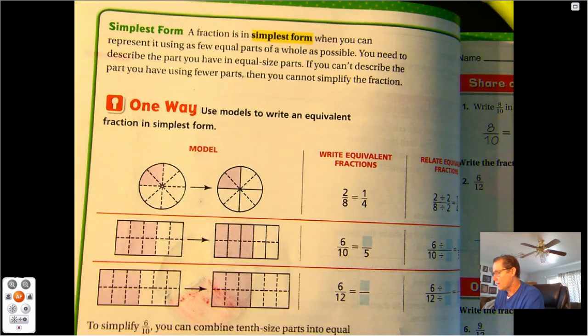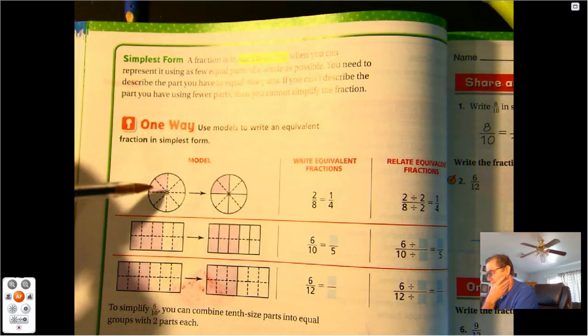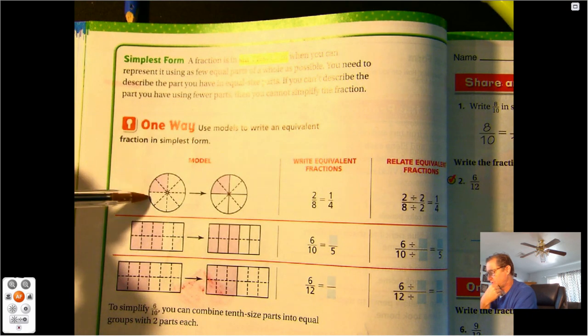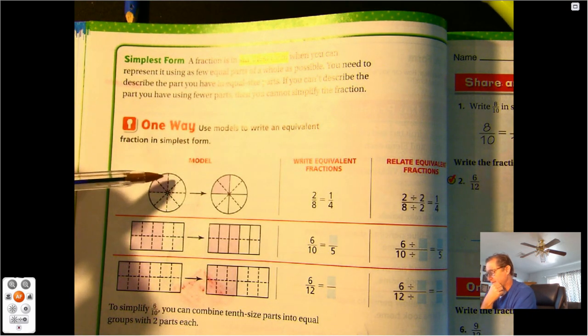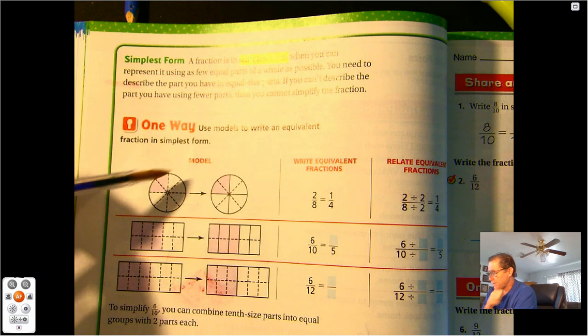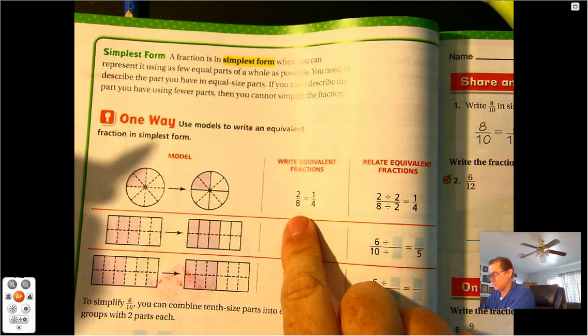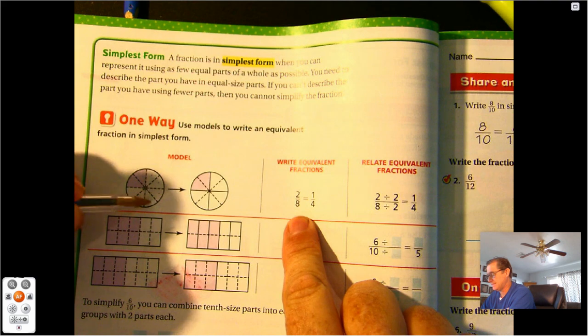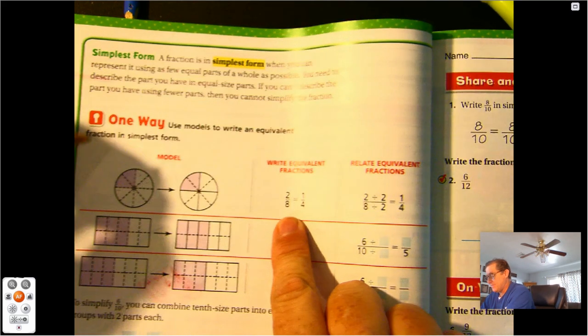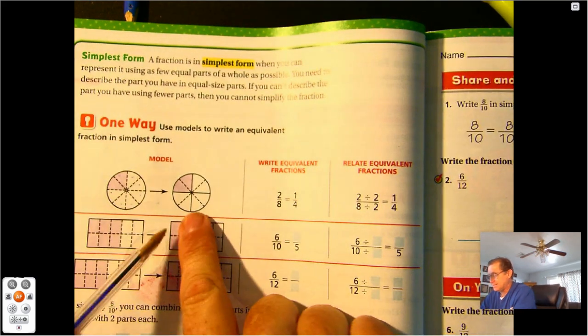So one way we can use models to represent an equivalent fraction in simplest form. So we have here, we notice that there's 2 parts shaded in each of these. But this model is showing 2/8. So 1, 2, 3, 4, 5, 6, 7, 8. And then you notice that in the second one we have solid lines.